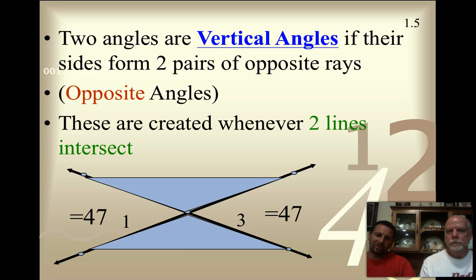All that vocabulary we're using today, we could just go 180 minus 47, and that gives me 133. And if it's 133 on top, then it's got to be 133 on the bottom, because opposite angles are congruent.